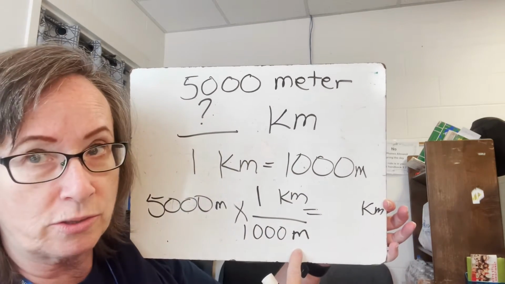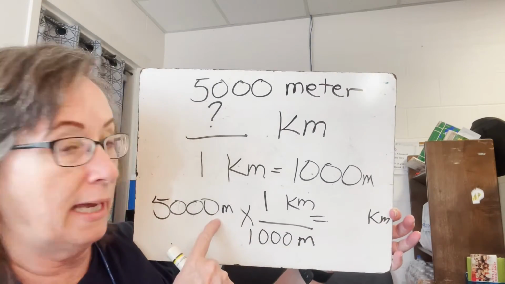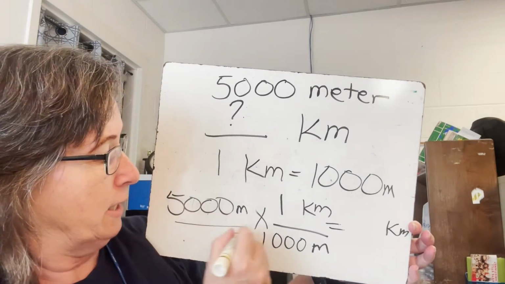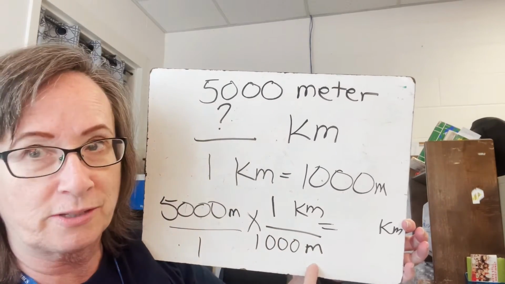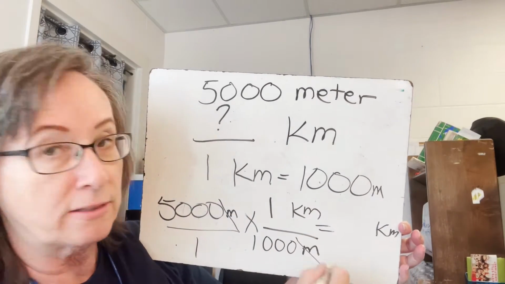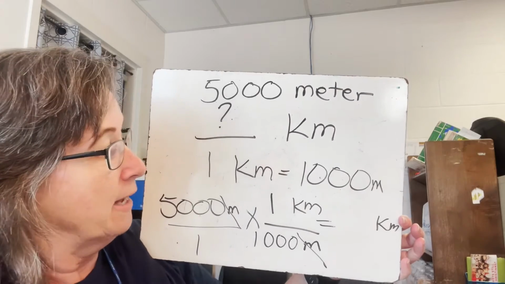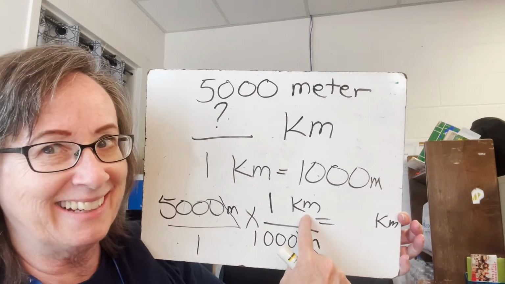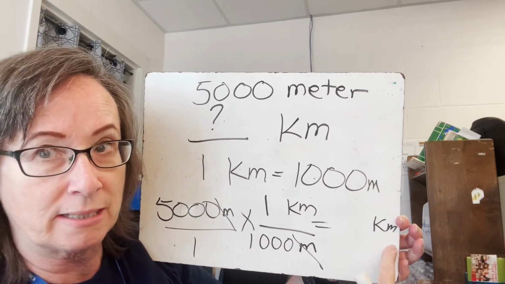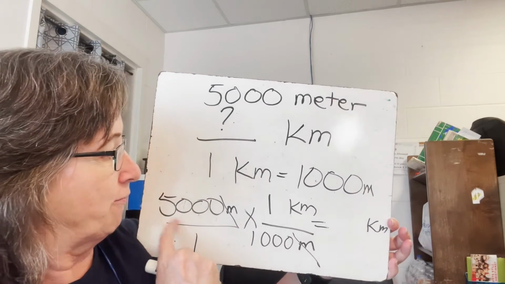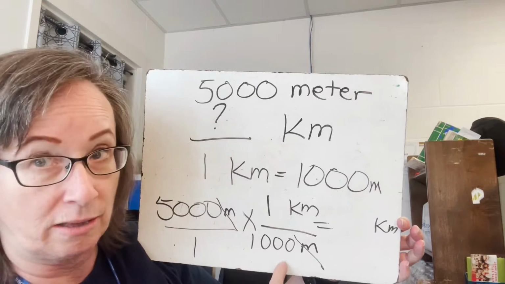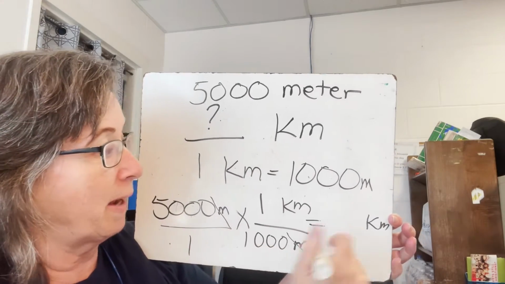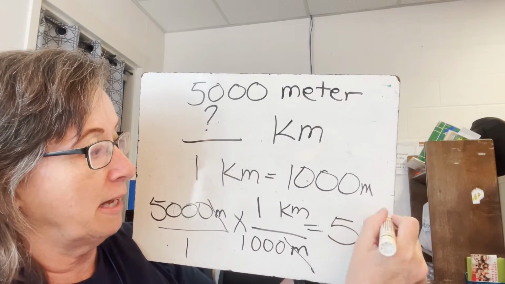I want meters on the bottom because I want my meters to cancel with the meters, which we could stick a 1 under there, on the top. Meters is on the top, meters is on the bottom. Meters cancels meters. Okay, so now I only have 1 unit left, and it's the one that I want in my final answer. So 5,000 divided by 1,000, because it's on the bottom, 5,000 divided by 1,000 is 5 kilometers.